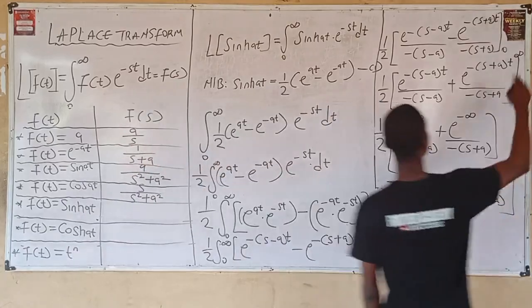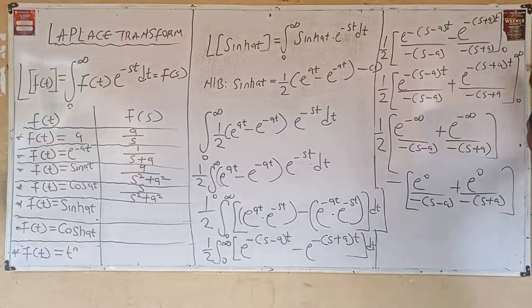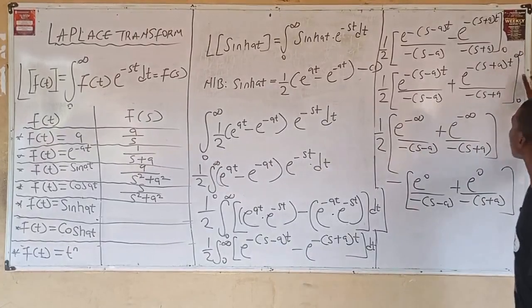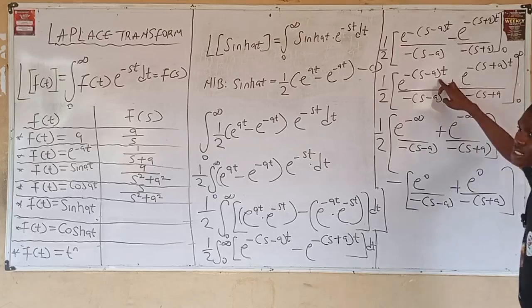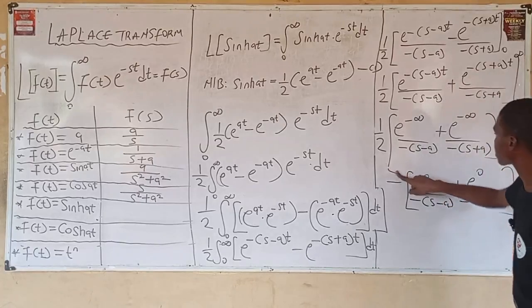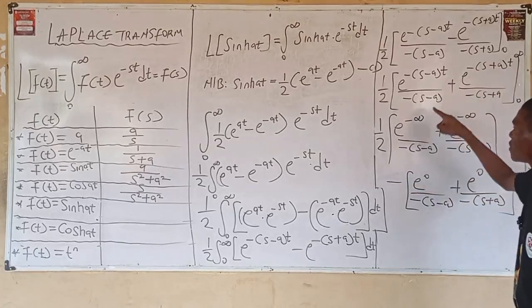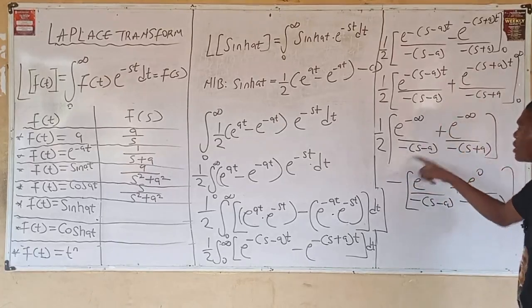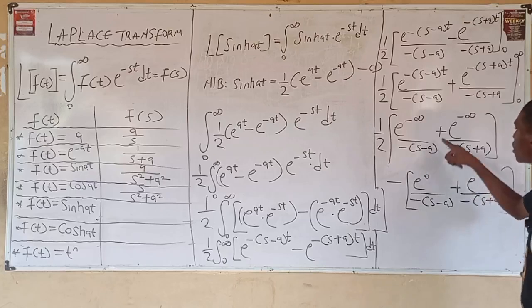Now substituting my lower and upper limit, my upper limit which is infinity, you are substituting it as t. Meaning for this first bracket, exponential negative infinity all divided by negative, all into bracket (s minus a), plus this.